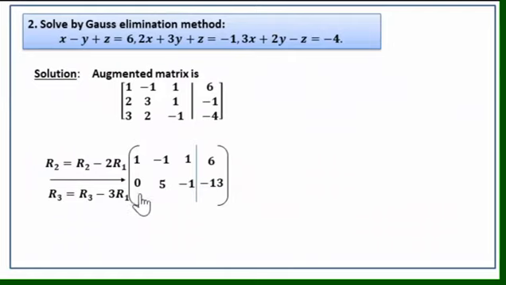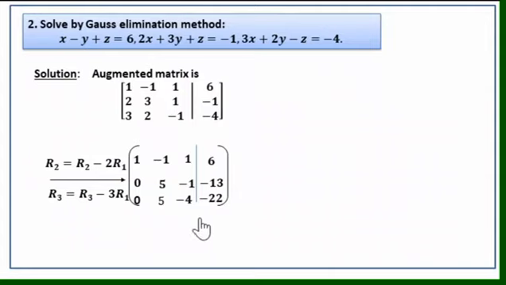Then apply the operation R3 equal to R3 minus 3 R1 for the third row. 3 minus 3 is 0, then we have 2 minus 3 times minus 1, 5, then we have minus 1 minus 3 times 1, it is minus 4, minus 4 minus 3 times 6 is minus 22.